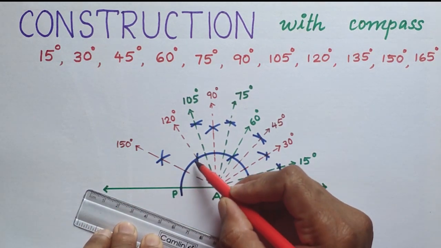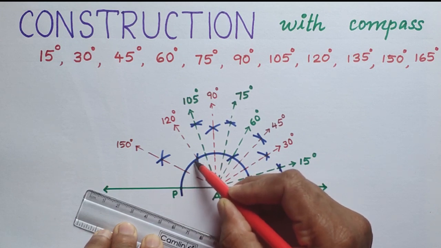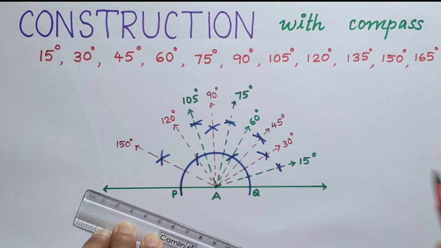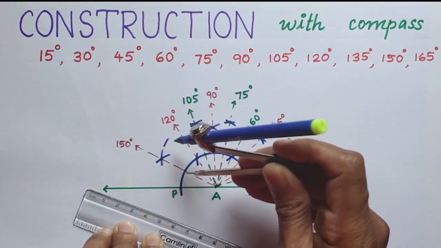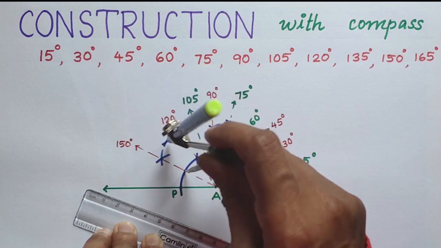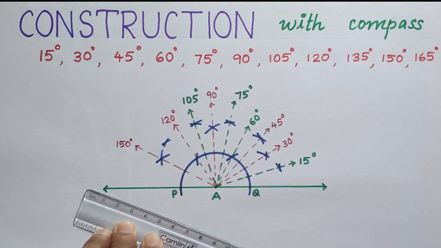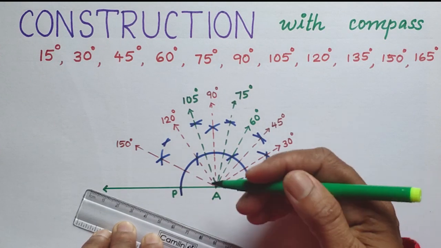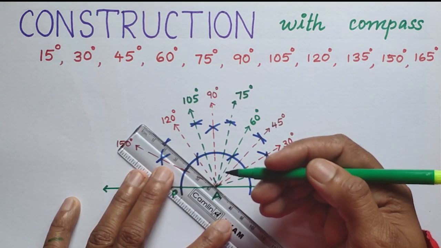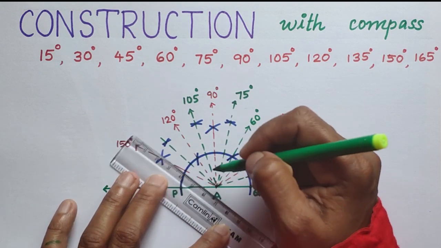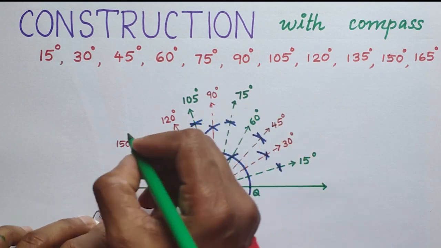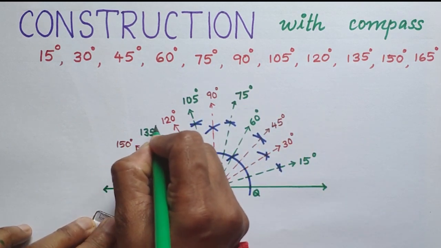Then if we bisect this smaller part, that means in between 120 and 150, after bisecting we will get 135. This angle is 135.